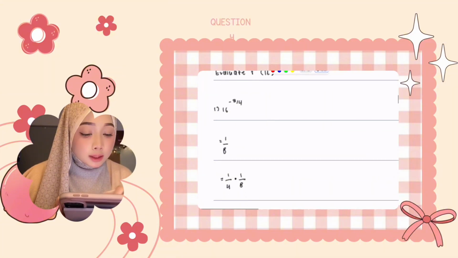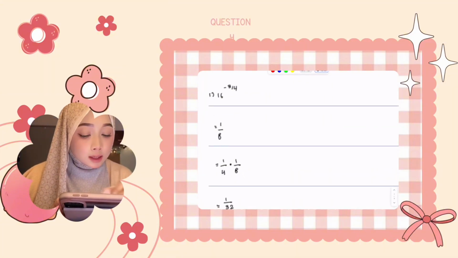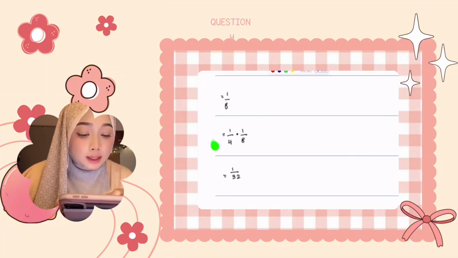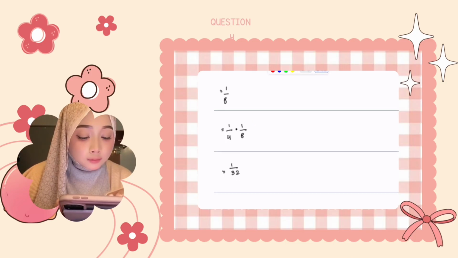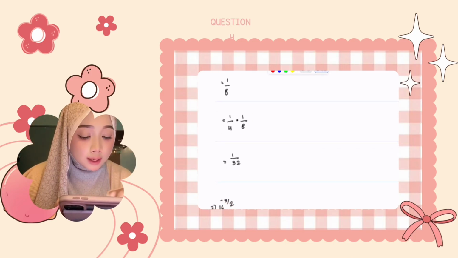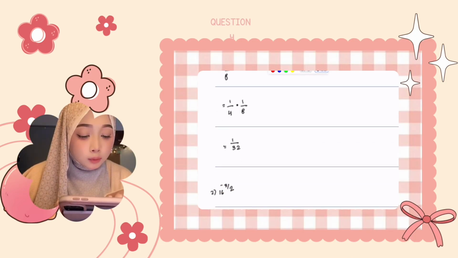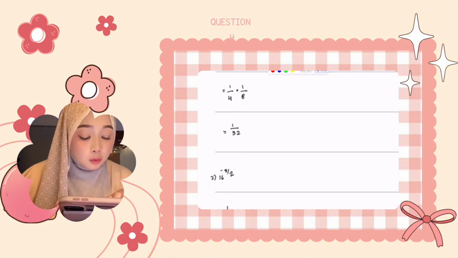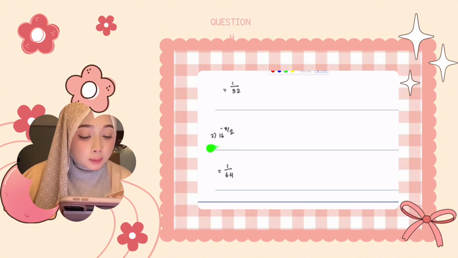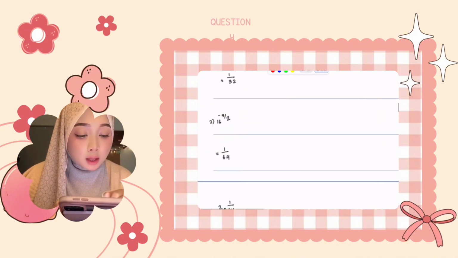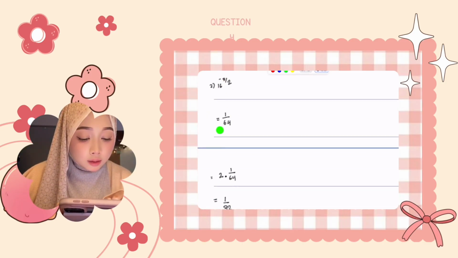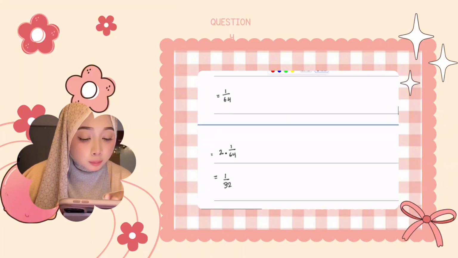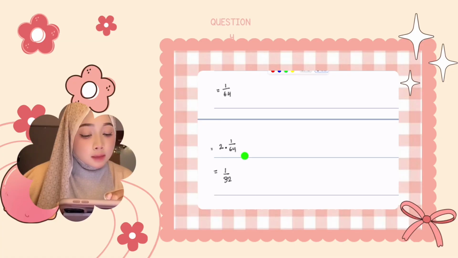Then we will evaluate f'(16). So we will get 16^(-3/4) equal to 1/8. Then we will solve it: 1/4 multiplied by 1/8 equal to 1/32. And the other one, 16^(-3/2) equal to 1/64.